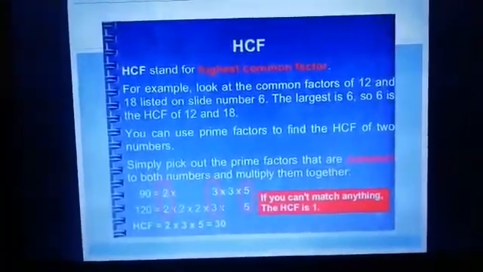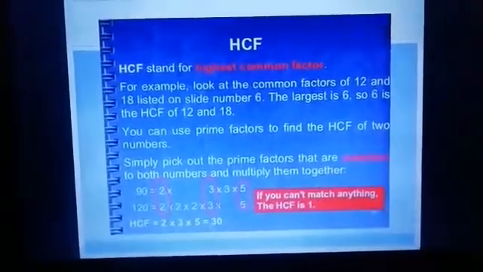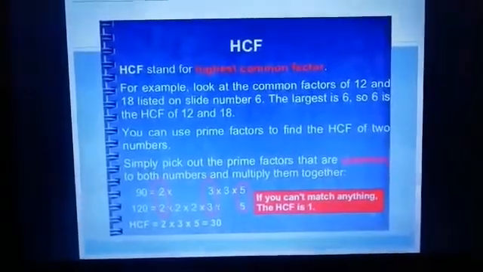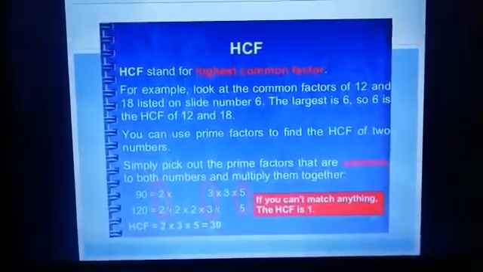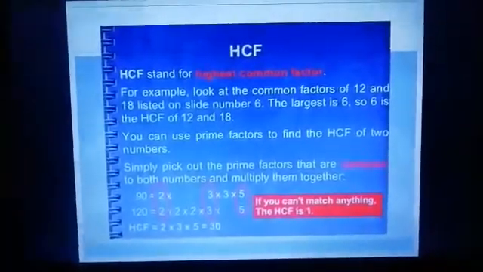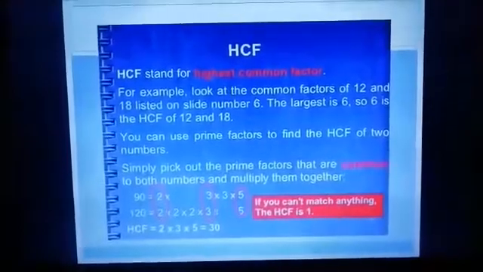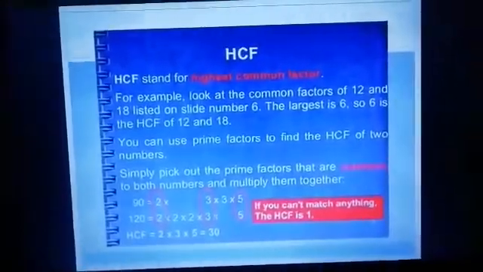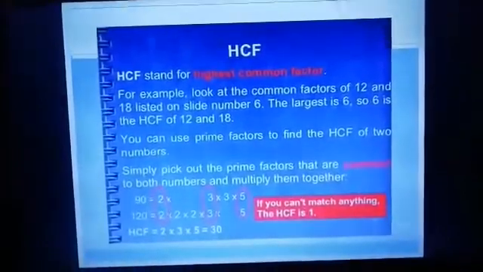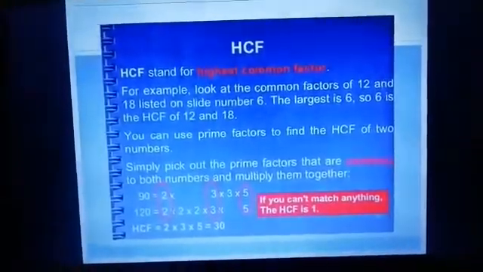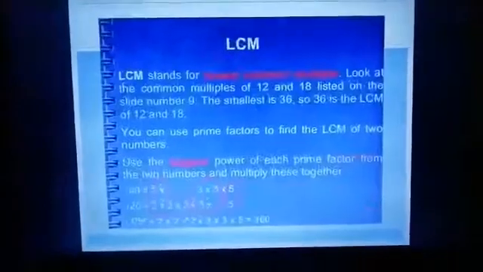I am taking 2, 3, 5 because these are common. 2 threes are 6 and 6 fives are 30. So HCF is 30. If you can't match anything, the HCF is 1. It means if you do not have any common factors in any two numbers, you can take the HCF of those given numbers as 1.